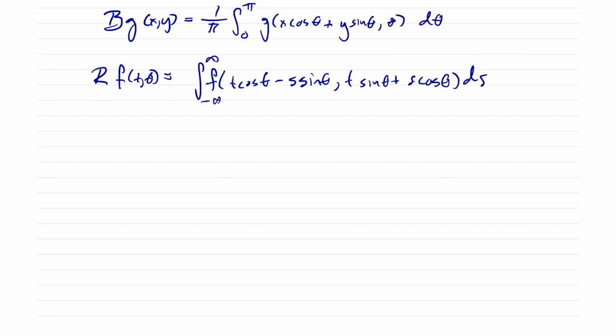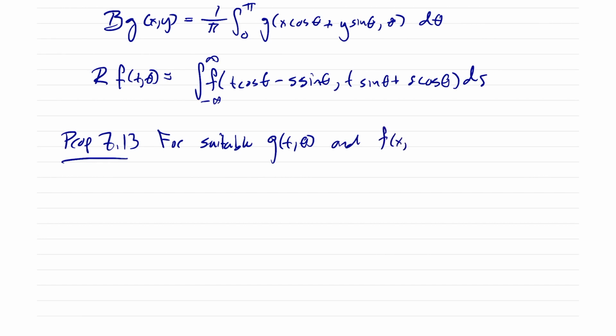In any case, there is a proposition here, 7.13. For suitable g, i.e. Schwartz space functions, we get this. So for suitable g of t, theta and f of x, y, and arbitrary real numbers big X and big Y, we have the following.